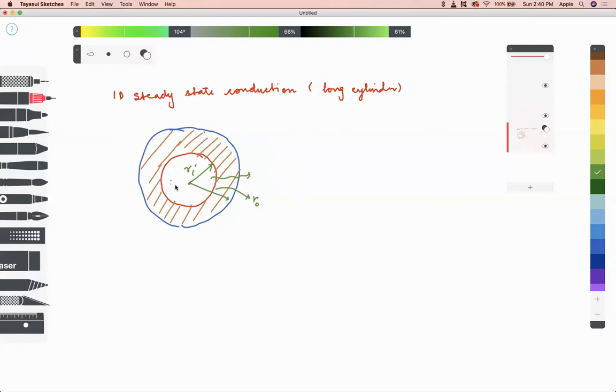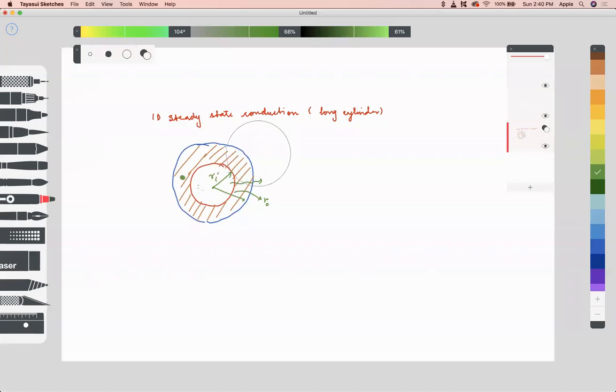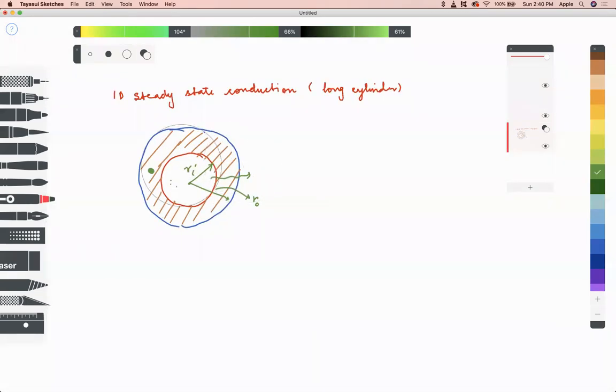Here there is some kind of fluid moving inside, which is at a temperature Ti, and there is ambient air, which is at a temperature, let's say T out, To, I will write it.